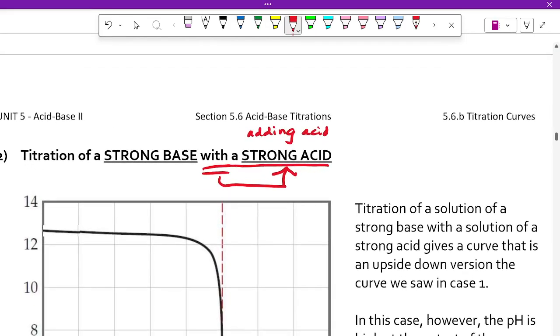So when we say with a strong acid, that means we are adding the acid into the base. You need to be familiar with this so you can actually understand. I must be dripping the acid into the base because I am titrating with the acid. I am adding it into the base.